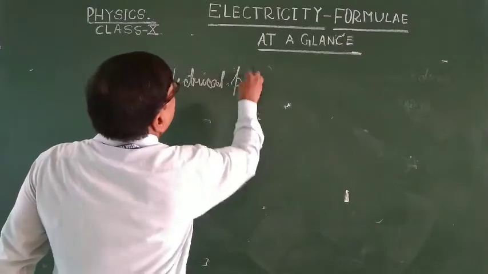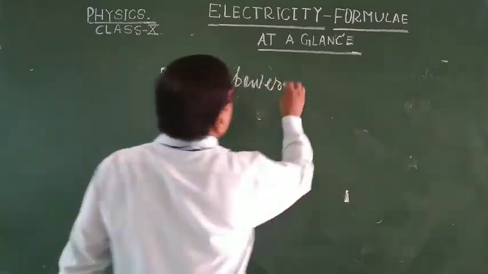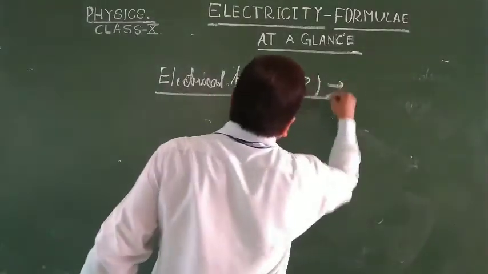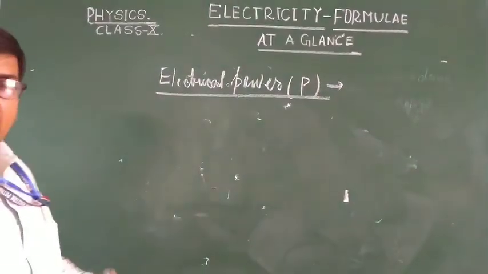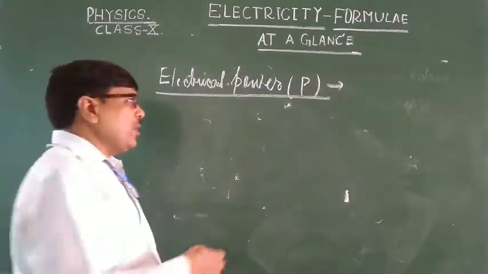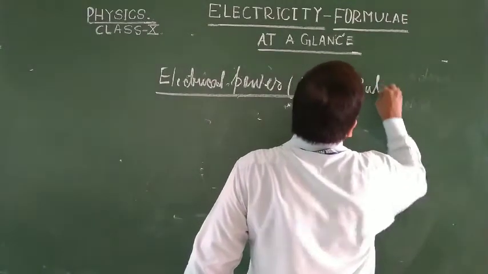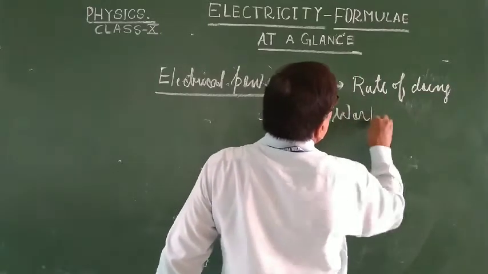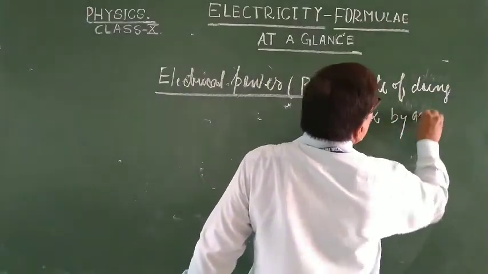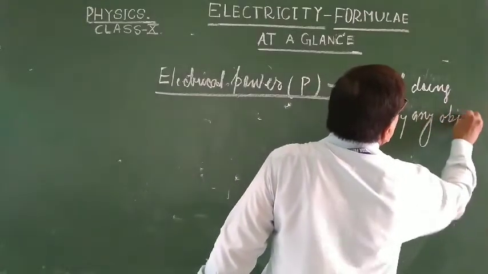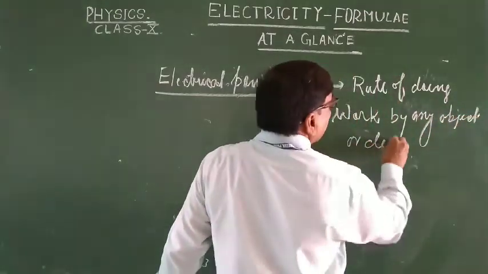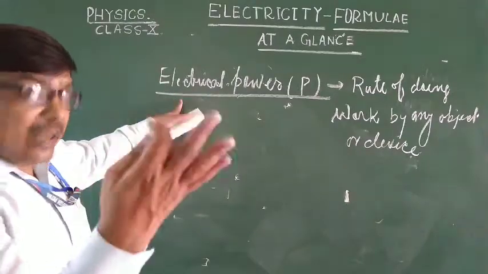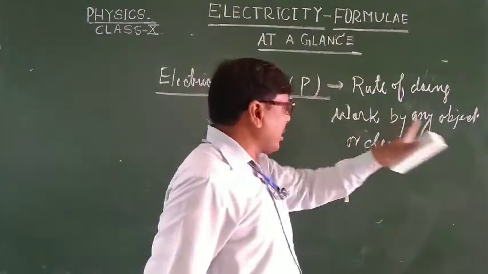You generally denote it with the letter P. How is electric power defined? It is the rate of doing work, or electrical energy used per unit time, by any device or object.